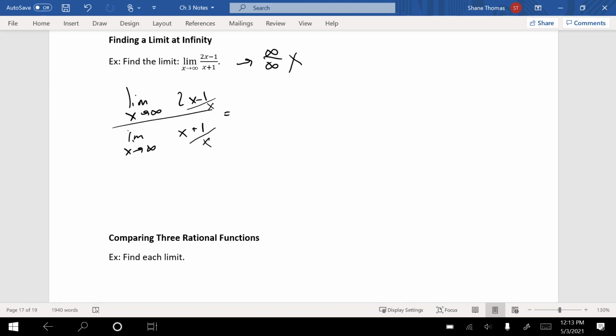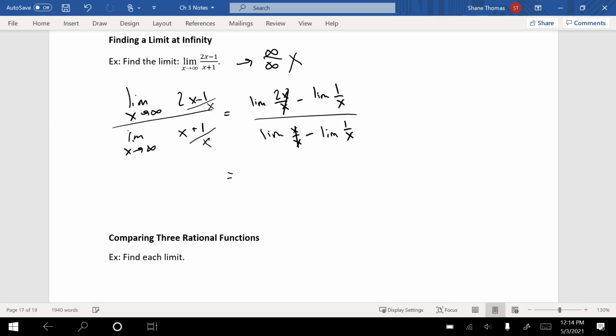It's going to look a little bit long, but I'd have the limit of 2x over x minus the limit of 1 over x, just like we did in that last problem, right? On the bottom, the limit of x over x minus the limit of 1 over x. Now, x's are gone. Boom, boom.